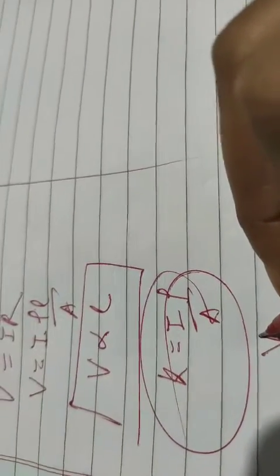The other terms we take as a constant K. So according to the potentiometer principle, V is directly proportional to L. Clear to you? Now if you draw the graph, student, V versus L, always remember the graph should be a straight line because it directly depends upon the length. So potential difference is directly proportional to length.